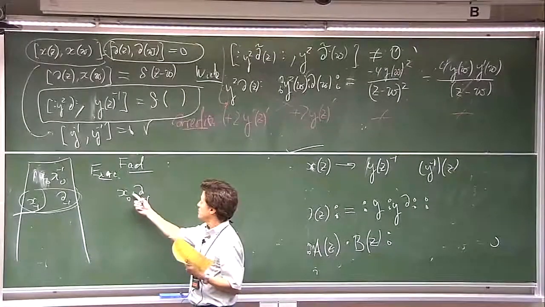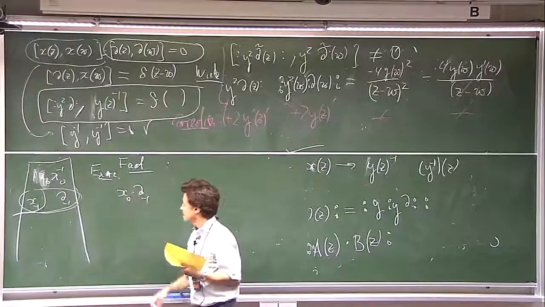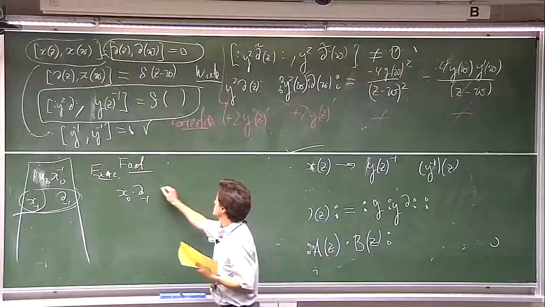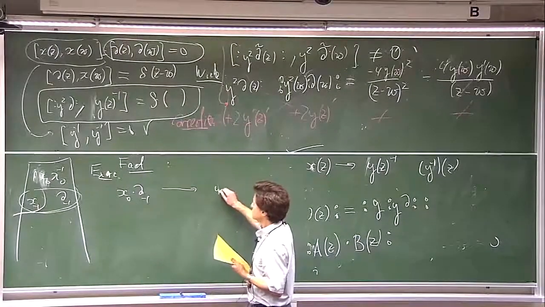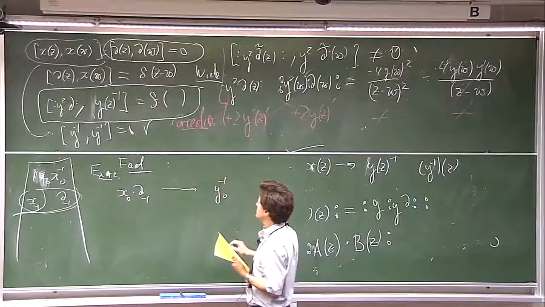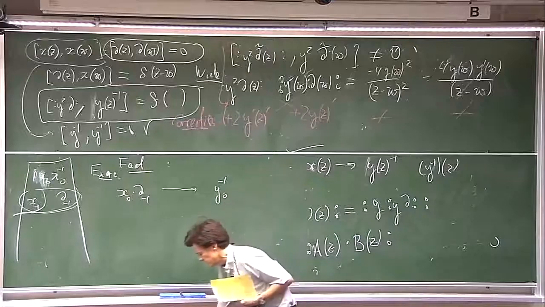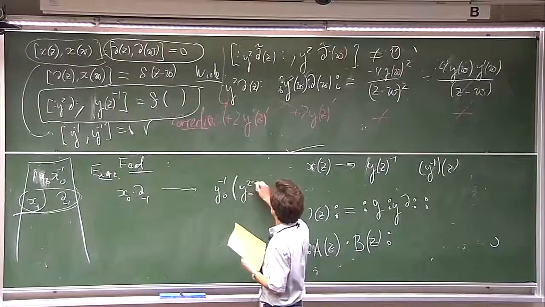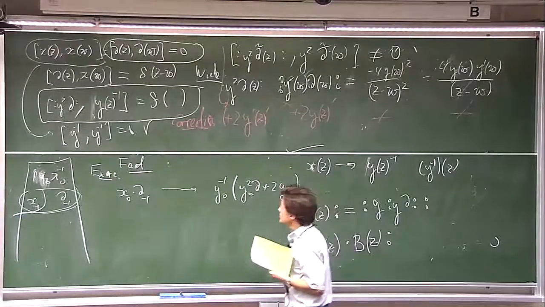I'm trying to convince you that the natural operation of our module structure actually fails. It's not natural. Were it natural, this element would go to what? The image of y0, of x0, which is y0 inverse, times this whole expression in terms of d. And that's false.